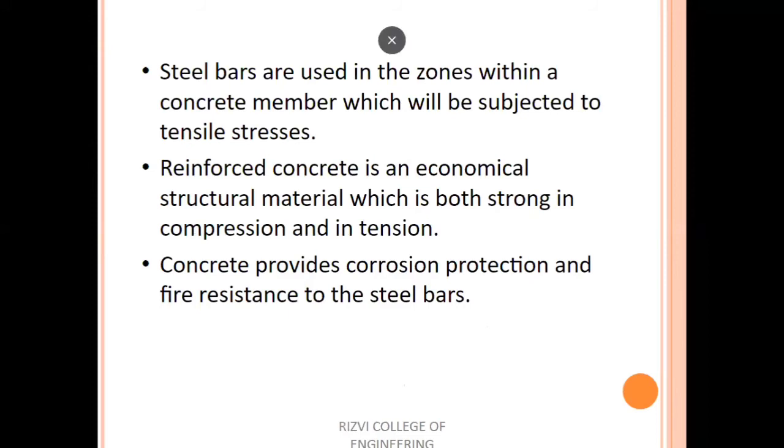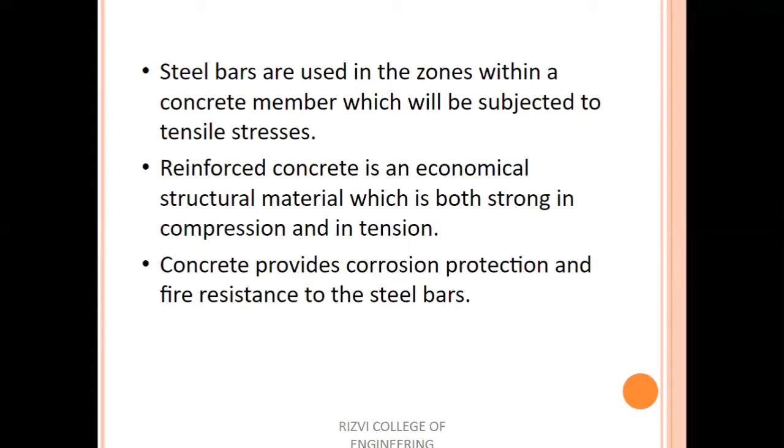So steel bars are used in the zones within a concrete member which will be subjected to tensile stresses. So whatever the tension is in the member, it is assumed that it will be taken by steel, and whatever is the compression in the member will be taken by concrete. I hope this basic concept is clear to everyone before actually starting with the design.